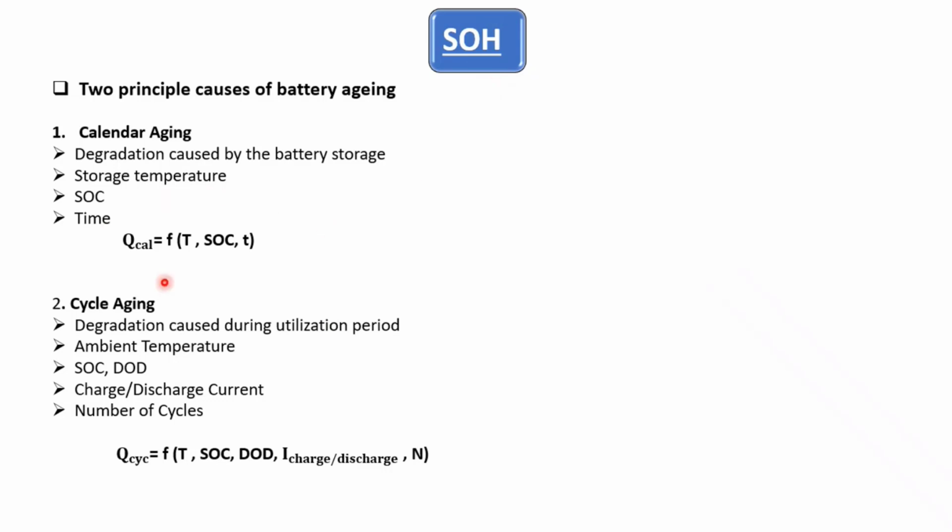One is our calendar aging, that is just with respect to the state of charge, temperature, and the time. Whereas cycle aging, because we are talking about how many cycles of charging and discharging, depends upon the charge discharge and the number of cycles. When you are going for charge discharge, obviously the depth of discharge comes into the picture. Here we are not considering the charge discharge. We are just keeping it as it is in the ideal condition.